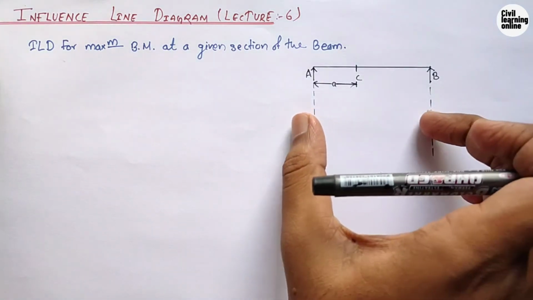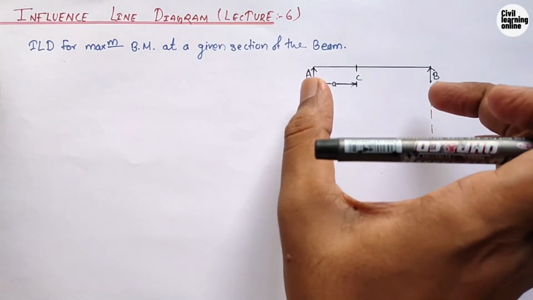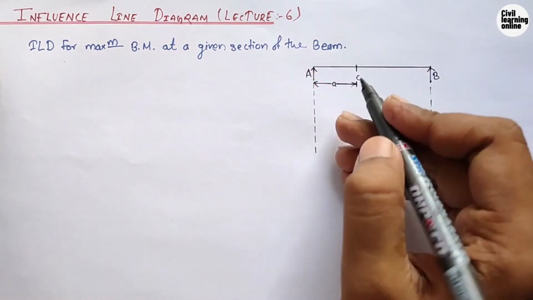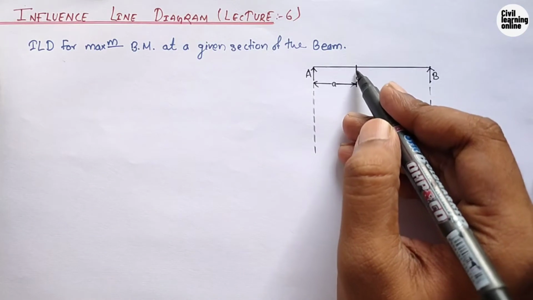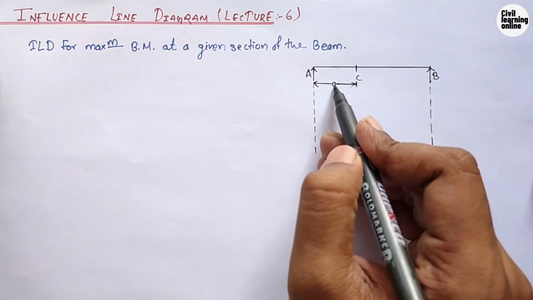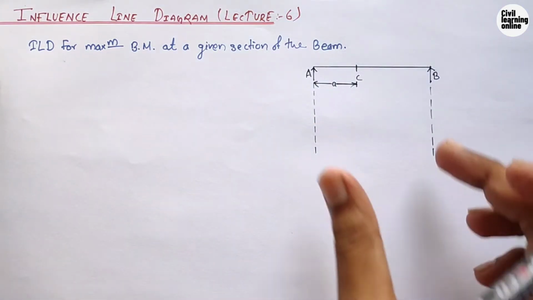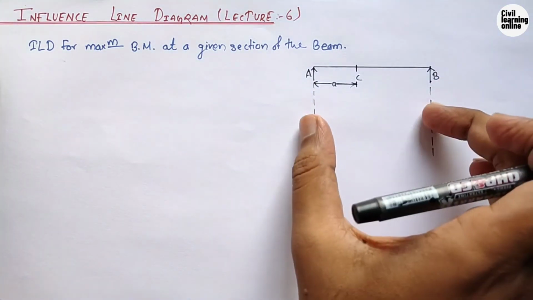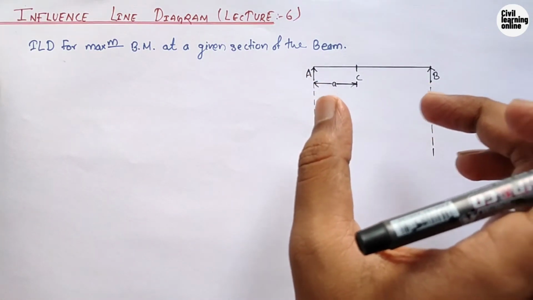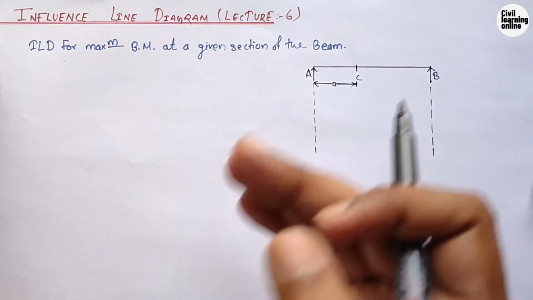So guys, here I have drawn a simply supported girder of span AB, and we have assumed that we are asked to find the maximum bending moment under the point C, and the point C is at distance A from the left support A. We may have a question in which we will be provided with a span, and we will be asked to calculate the maximum bending moment at some distance from the left or right support.